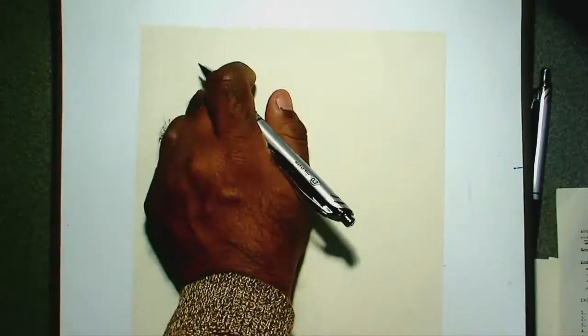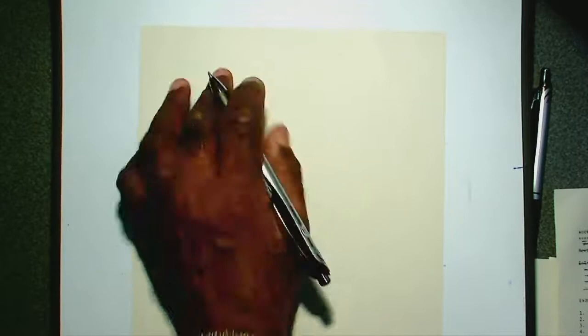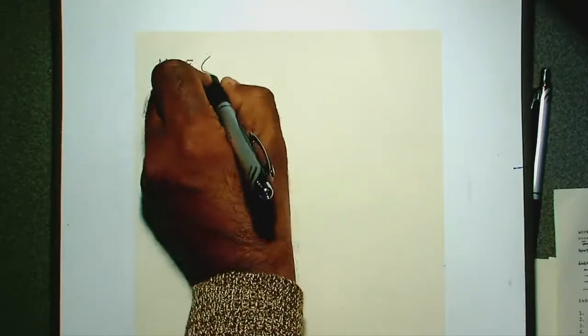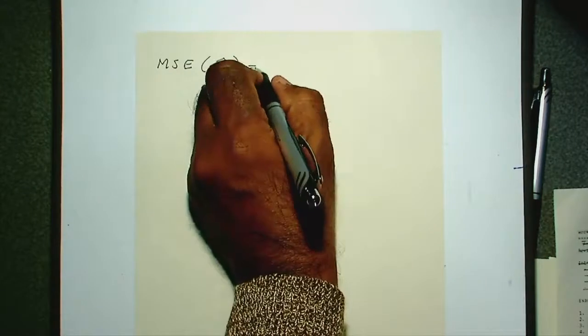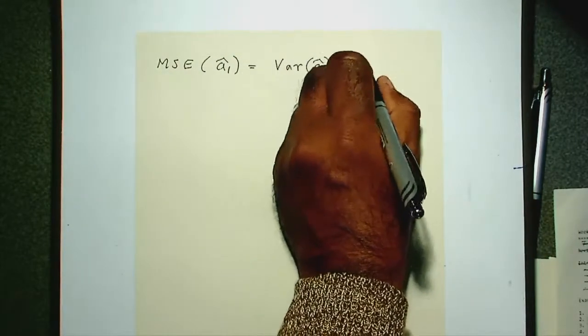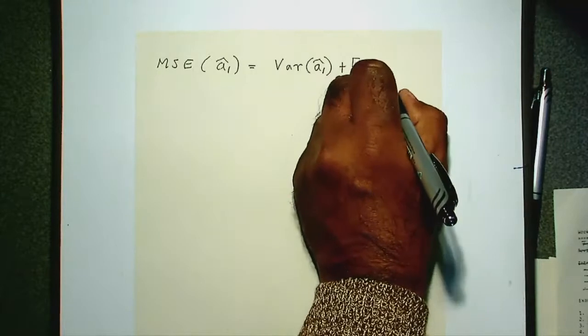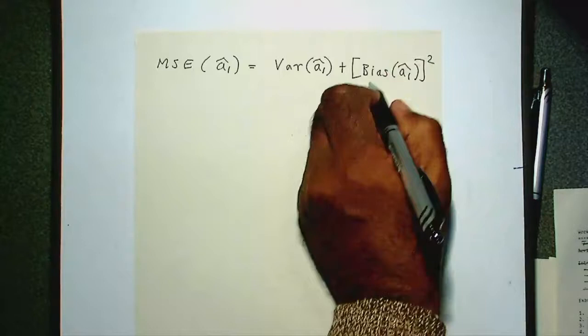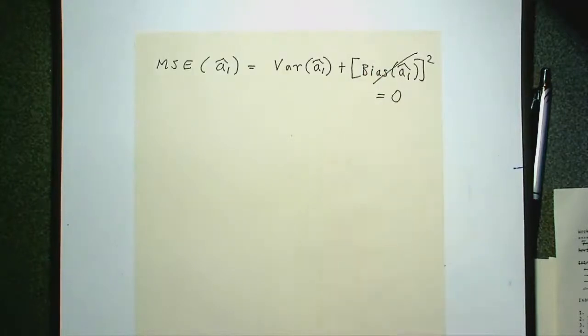Now let's see what happens for the MSE. I mean, the conclusion for MSE may be different, but we'll see what happens, all right? So the MSE for A1 hat is the variance of A1 hat plus the bias squared, and we know that this bias is 0.